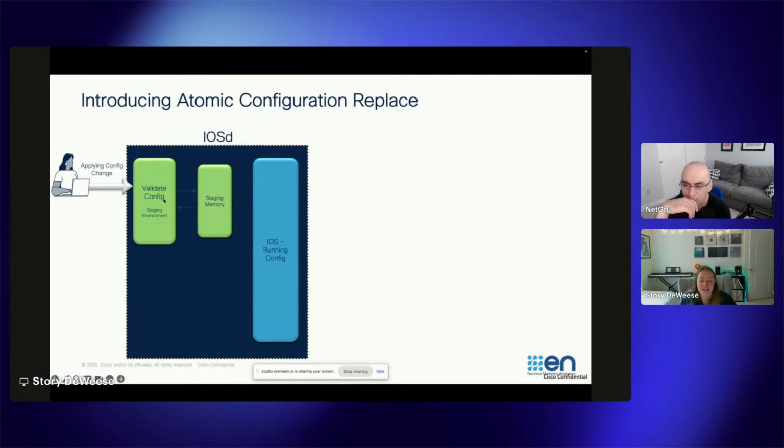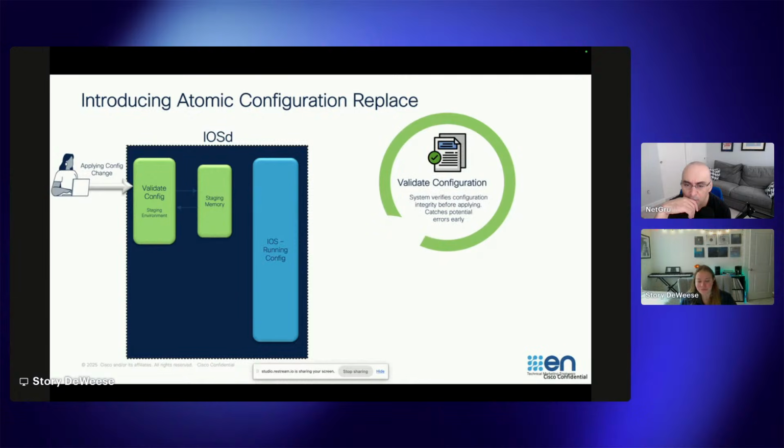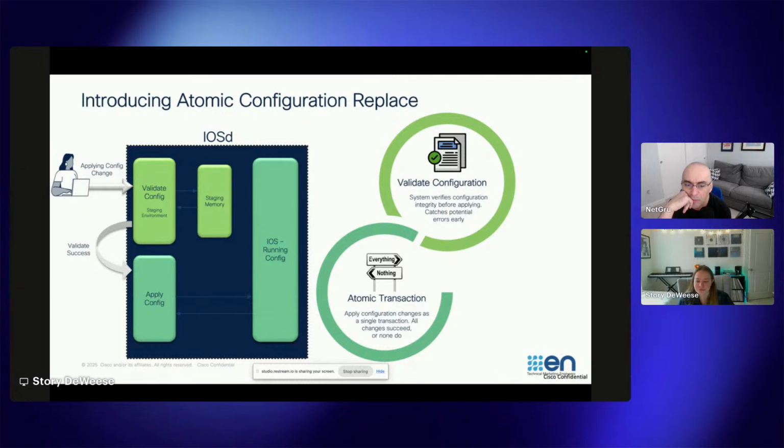So we do this validation in a staging memory. So you can see here, still nothing in the running config has changed yet. But once we pass this validation stage and we say, okay, everything is good to go, it all looks good, then we're ready to move on to the next stage here, which is actually applying that config.